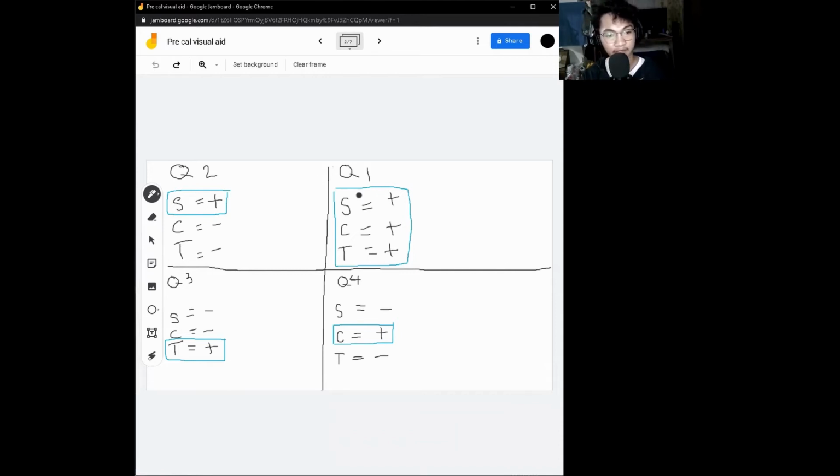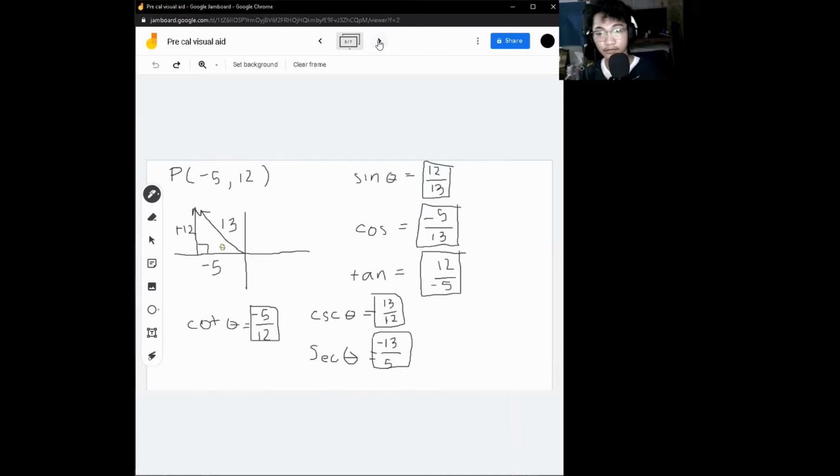All means that in quadrant 1, sine, cosine, tangent, all of them are positive. Students, sine is positive. As for Take, tangent is positive. Calculus, cosine is positive in quadrant 4. So this may be useful in memorizing this.